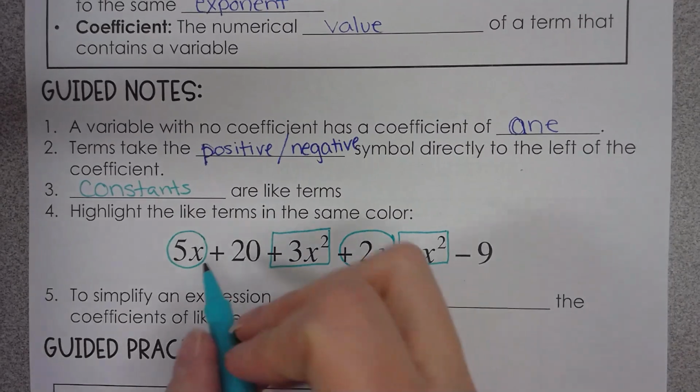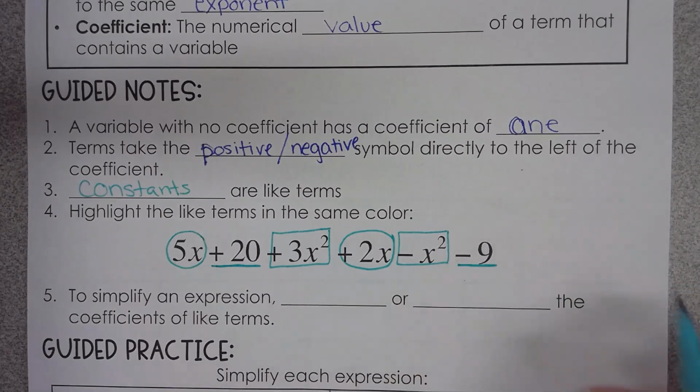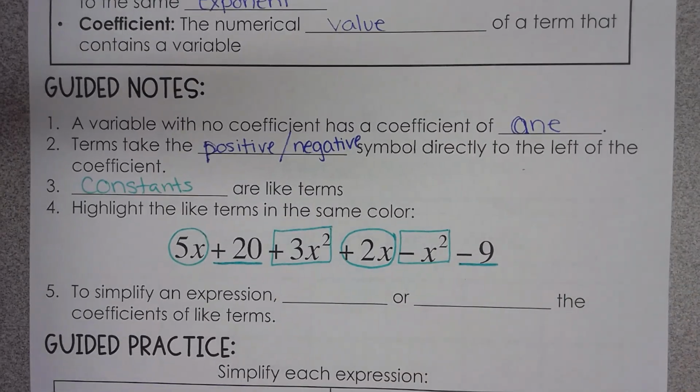Our constants are positive 20 and minus 9. Those are like terms. They don't have a variable, they're constants.